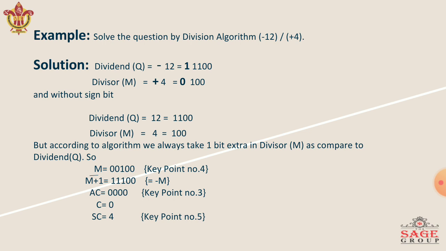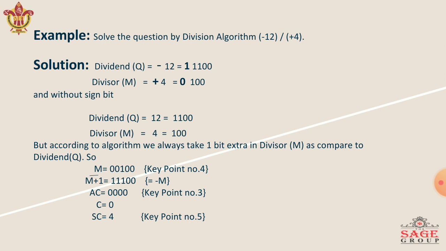But according to the algorithm, we always take 1 bit extra in divisor M as compared to dividend Q. So M equal to 00100, that is under key point number 4, and we also find out the value M bar plus 1, which we need in the algorithm. So M bar plus 1 equal to 11100.